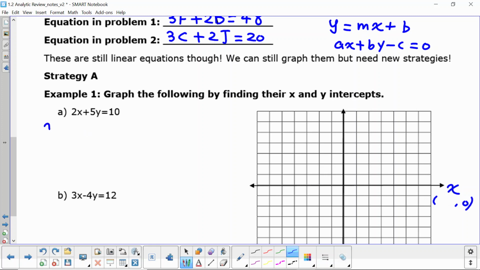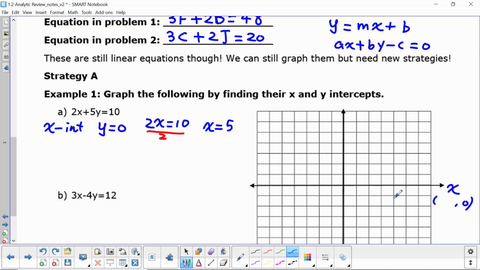So when we want to find the x-intercept, we let y equal 0. Then we sub in, the y term is gone, you have only 2x equals 10. Then move the 2 to the other side, do the opposite operation, you have x equals 5.